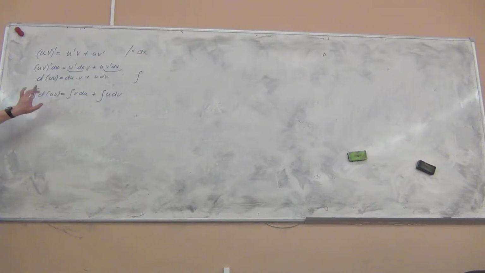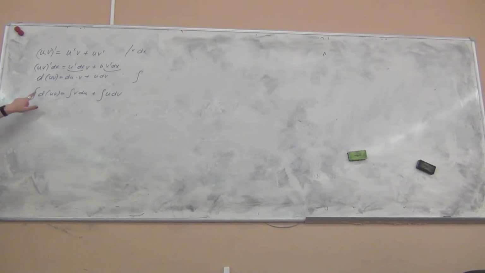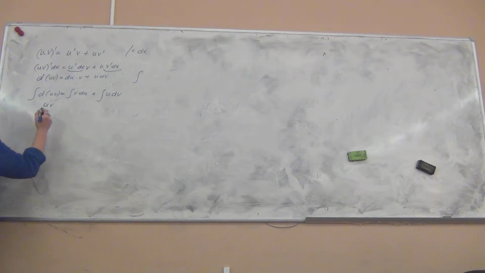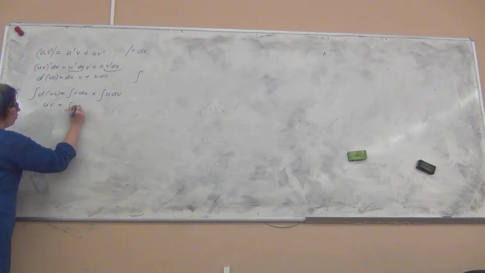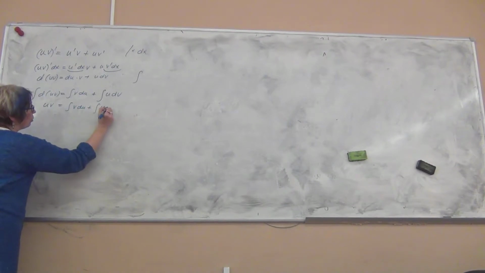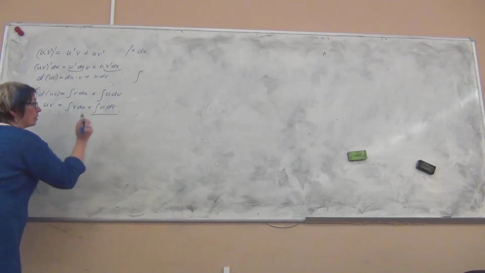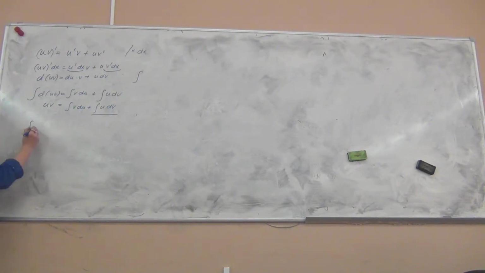So this is simply uv. And so this is the integral of v du plus the integral of u dv. And now I'm simply expressing this term: the integral of u dv is uv minus the integral of v du.